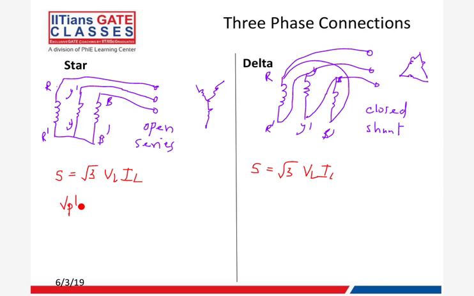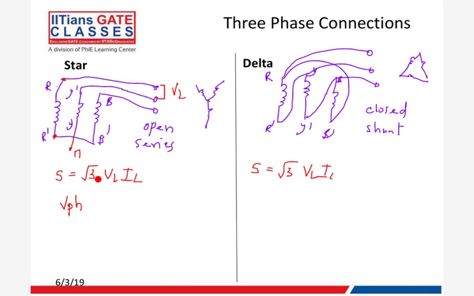Can you tell me what will be the relationship between V phase and V line? What is V phase? It is the voltage between these two points. This common point is also called the neutral. That is V phase, and V line is the voltage across these two terminals.